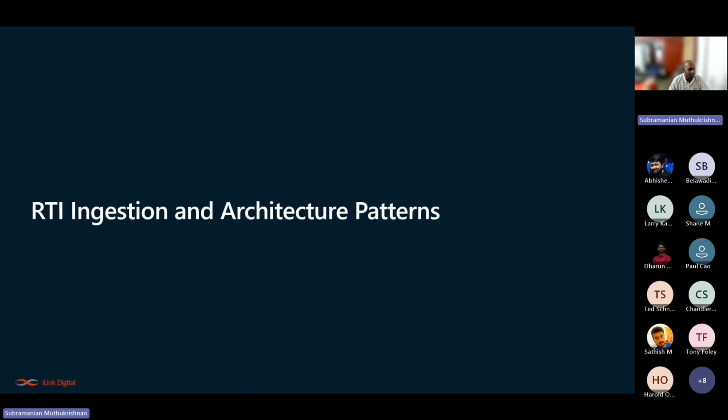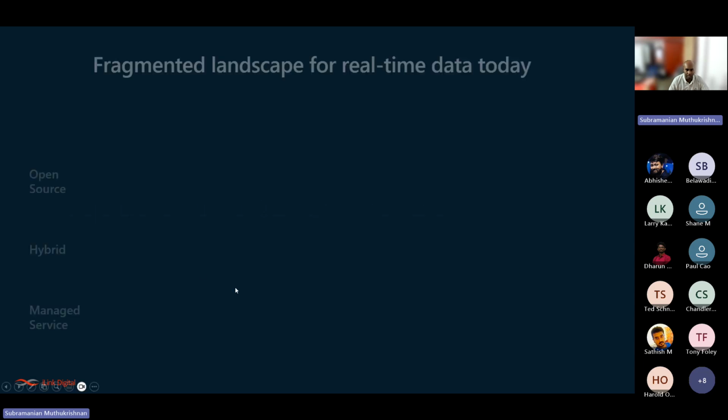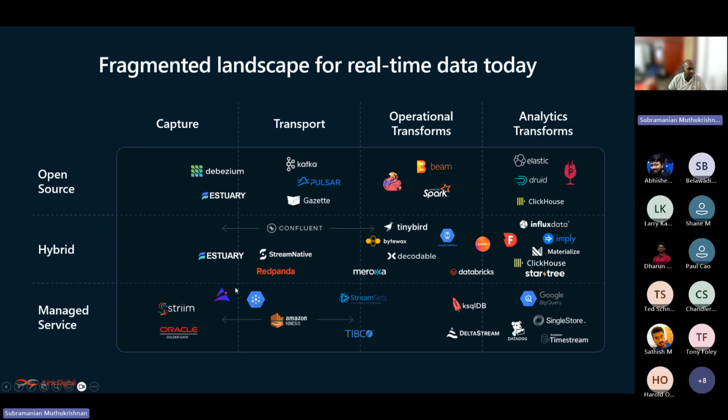Right. So when we think about different architecture patterns, the first thing we'll be thinking about is that these challenges are not new, right? We have seen industries go across real-time scenarios, big data, Hadoop, all these things, all the different technologies that may come and go. So we might be thinking, what is new here?